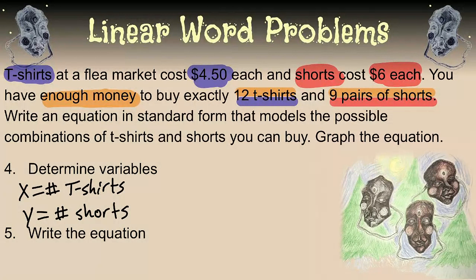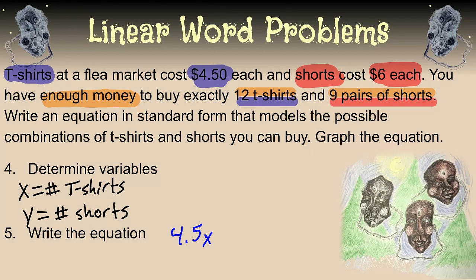Now we're going to write an equation. So we know that each shirt is $4.50. So if I take 4.5, that's $4.50, and multiply it by the number of shirts, which is x. We just said that right here.